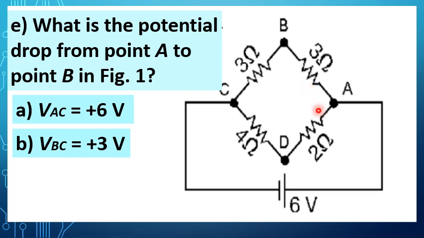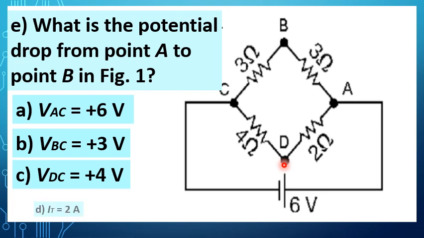Now, for question number 1C, the potential of point D relative to point C must be positive 4 volts.